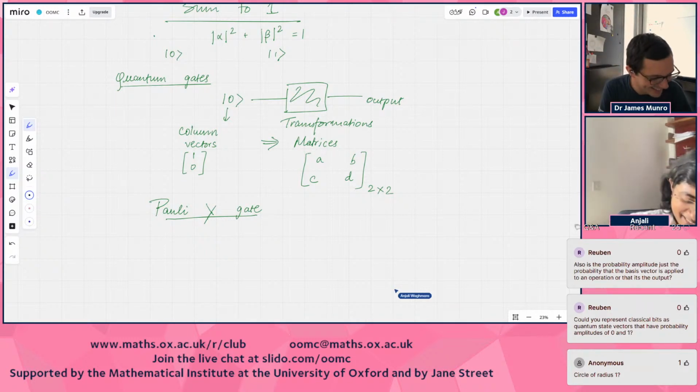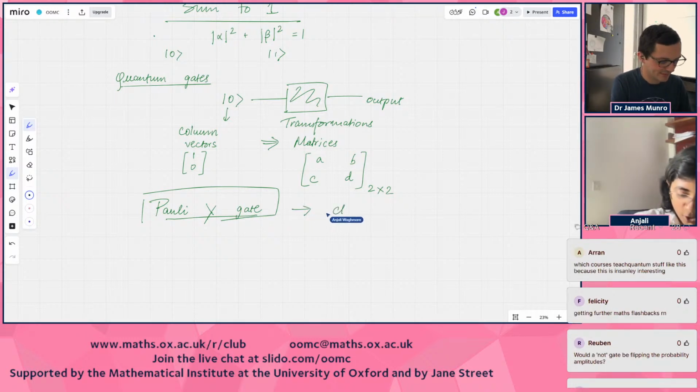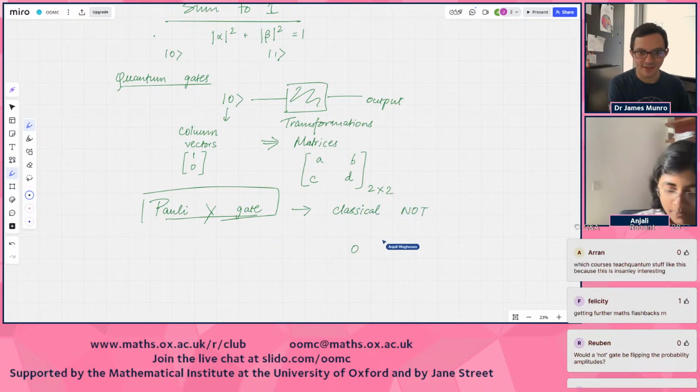Yeah. So the Pauli X gate, rather than just me giving the matrix, it turns out that it's like a quantum counterpart of the classical NOT gate that we saw earlier. So the reflection one that you're talking about, when you have an input 0, you get an output 1, and when you have an input 1, you get an output 0.